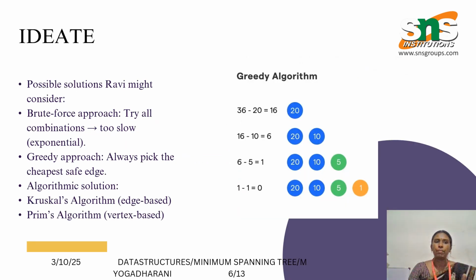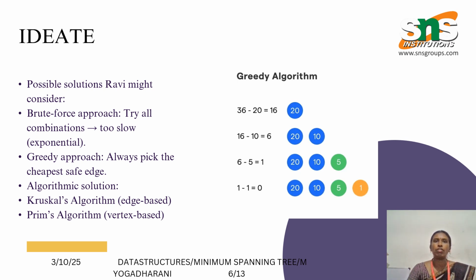So next I move on to the ideate part. Now let's brainstorm. Ravi could brute force all possible networks, but that is exponential and impractical. Instead, we use a greedy approach: always choose the cheapest and safe connection that does not create a cycle. The properties of a minimum spanning tree are that it should not form a cycle, should be connected to all the vertices, and must be of minimum total weight.